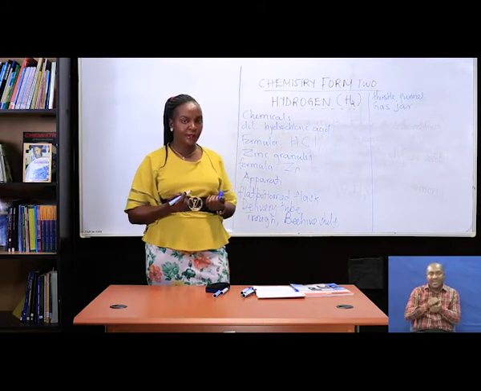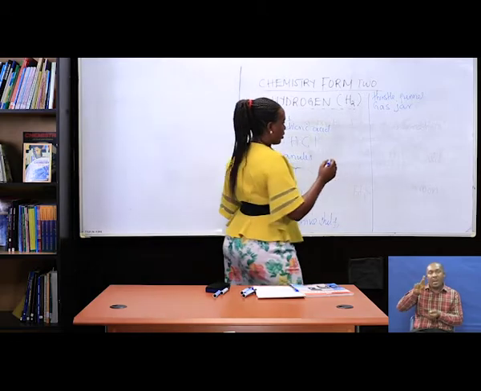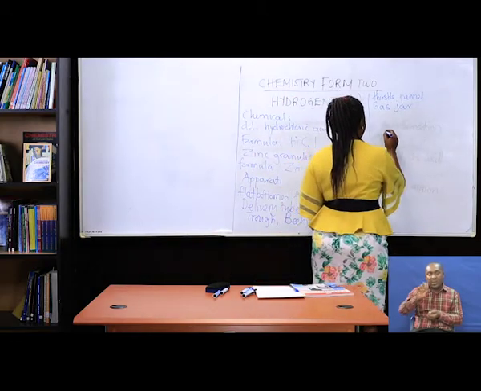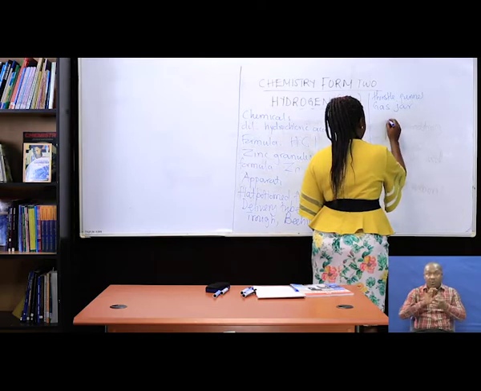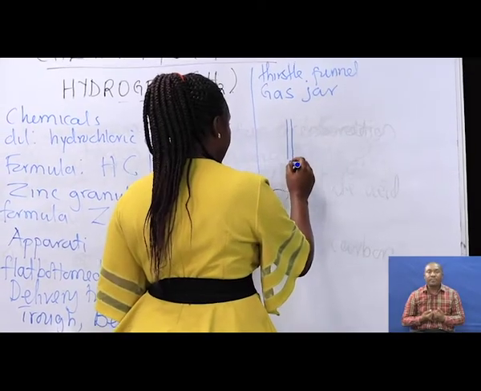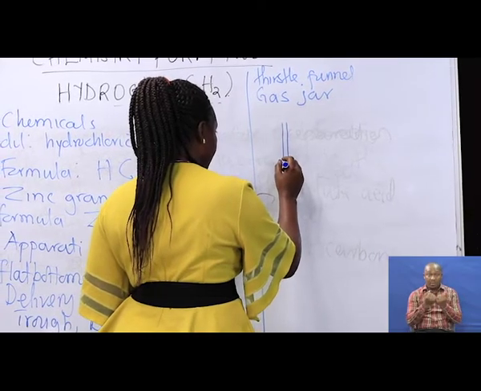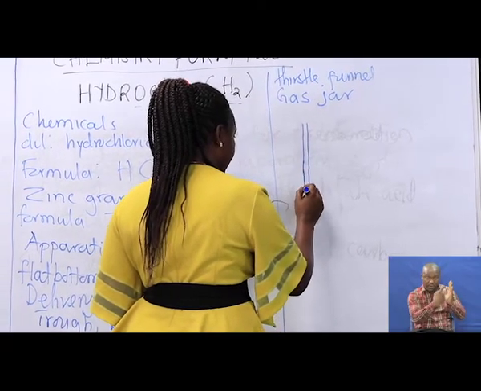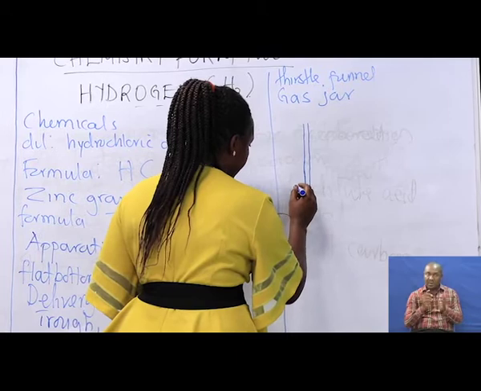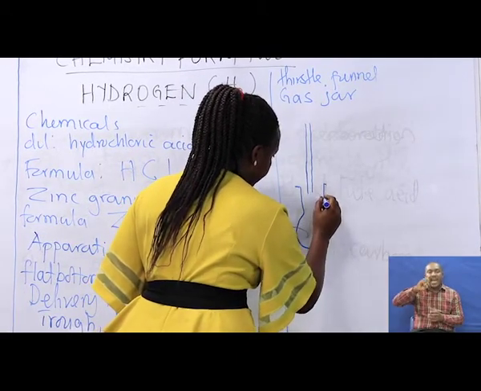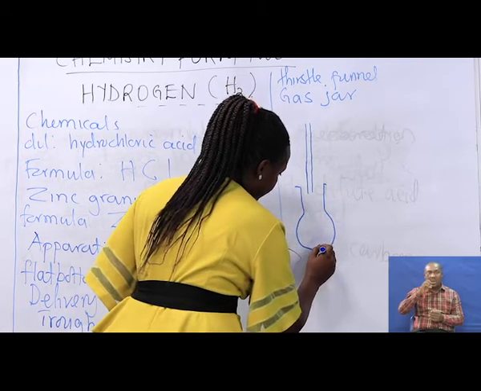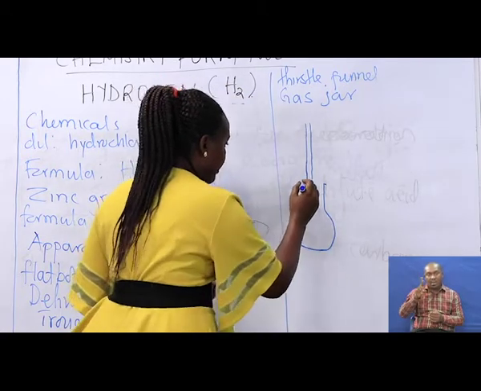And what is the setup for this apparatus? So this is the setup of our reaction. Make sure you draw a good and neat diagram. This is a flat-bottomed flask.